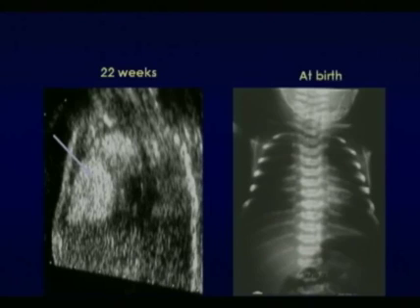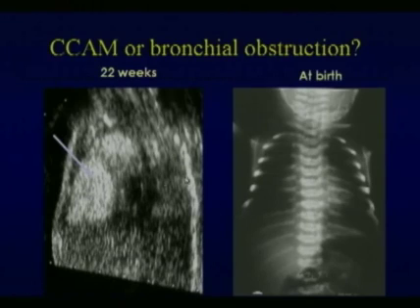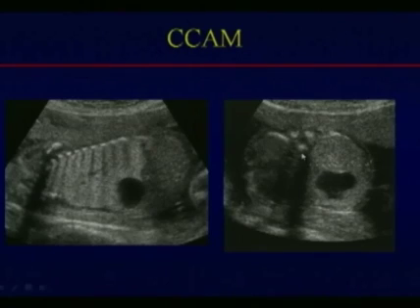Here's one example where we've got an echogenic lung mass at 22 weeks, and at birth it looked completely normal. I guess the question is, was that a CCAM or was it a transient bronchial obstruction? Unless that neonate has surgery, we may not know.